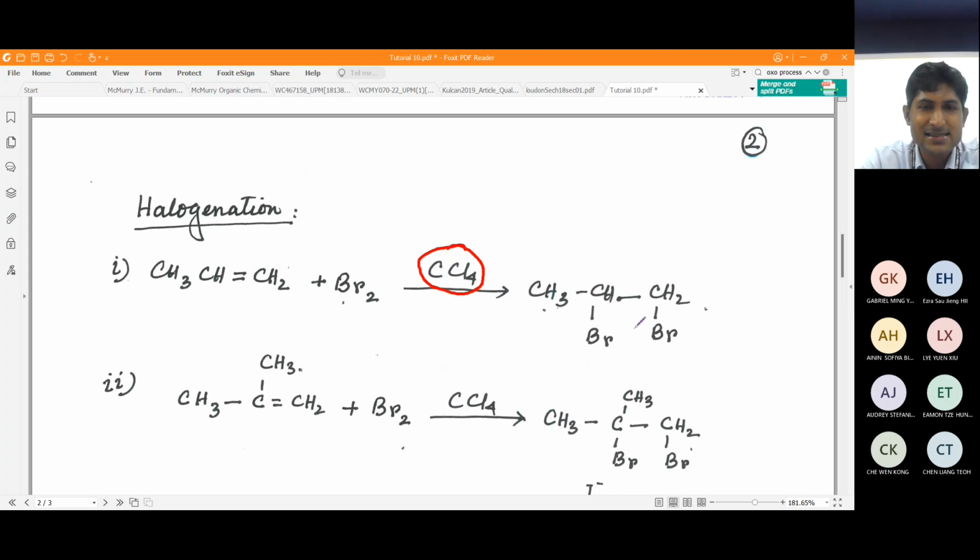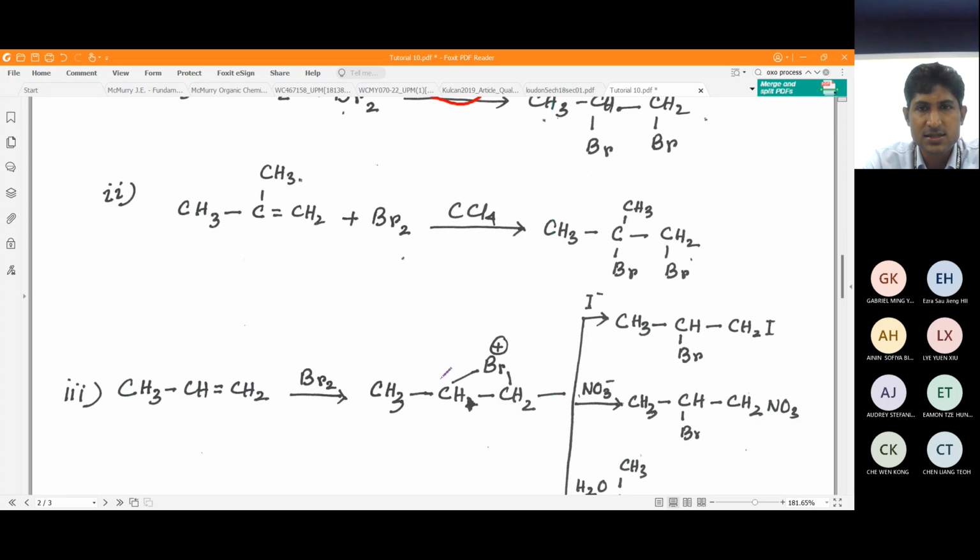If it is a polar solvent, it is going to produce a halohydrin type of product, where the hydrogen and halogen both will be there. If it's not polar, then the halogen is going to attach on either side of the double bond, because here you cannot differentiate. These two bromine atoms will go one on each carbon, one atom each attached.